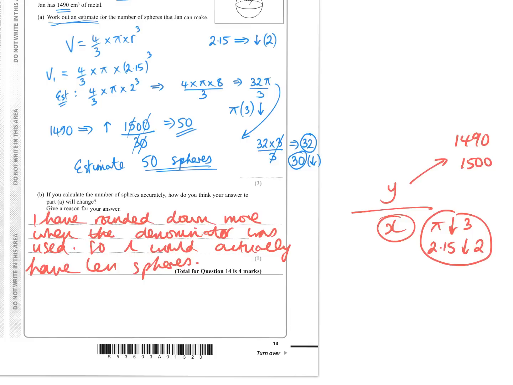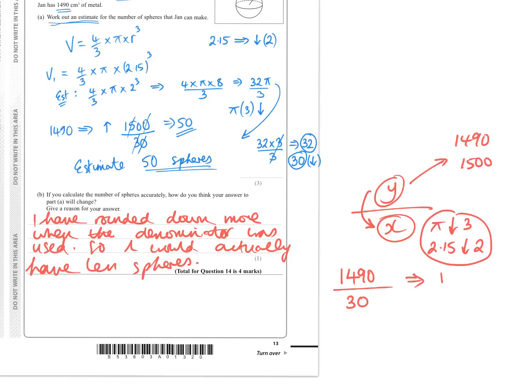And if I divide a number by something which is getting bigger, then I'm going to get a smaller answer as a total. So for example, if I just stuck this at 1490 and I divided it by 30, well, that's worth some particular number.